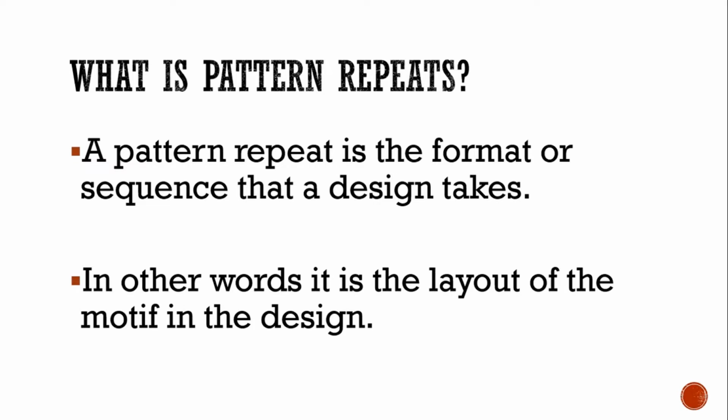You decide. These unique sequences, just like a beat, are the same way that you can arrange your patterns. So in other words, it's the layout of the design, how you arrange your motif.